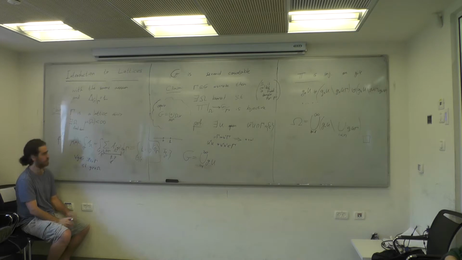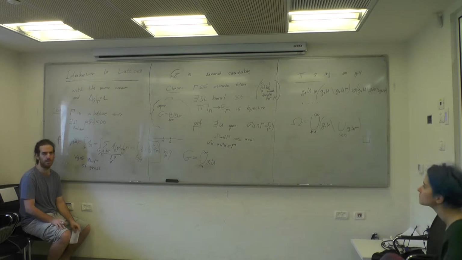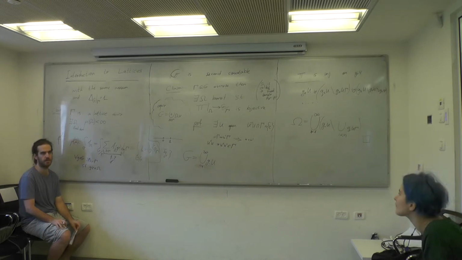Alright? So it's always 1. For every g that you choose, this sum is always 1. Is it confusing or understandable? Any questions?